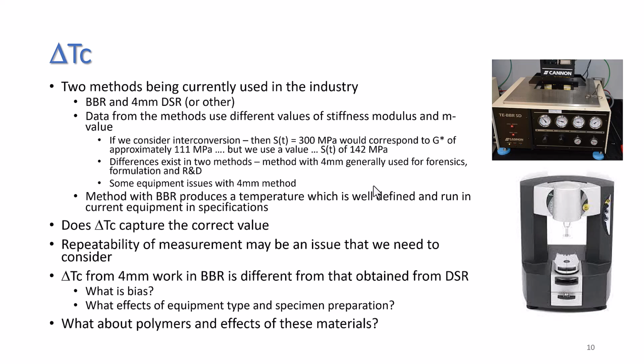With regard to the bending beam rheometer, we have to ask ourselves, does the delta TC capture the correct value that we want? The repeatability of the measurement may be an issue, and we have to ask ourselves also how polymers affect the results.